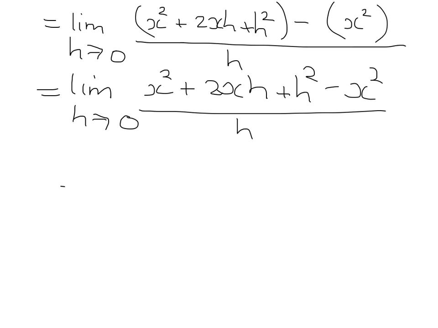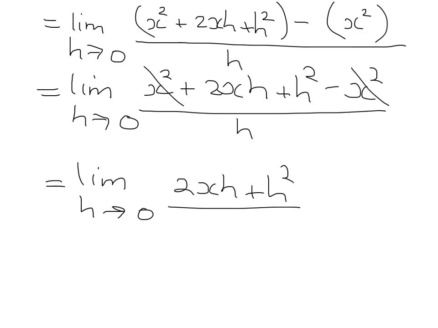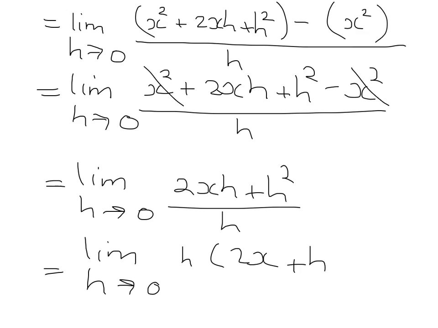And that's true. So what we've got is the limit as h approaches 0. The x squareds will cancel out, and we've got 2xh plus h squared all over h. And then we're going to divide through by h, or take h out as a common factor. h outside of (2x plus h) all over h.